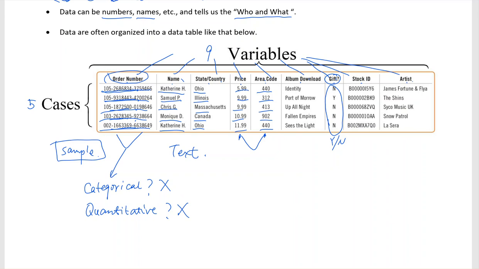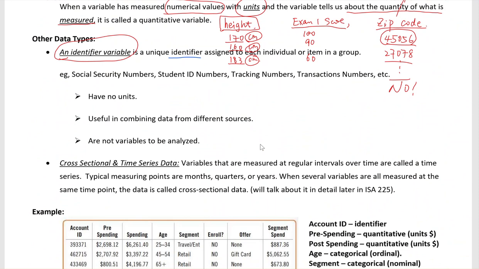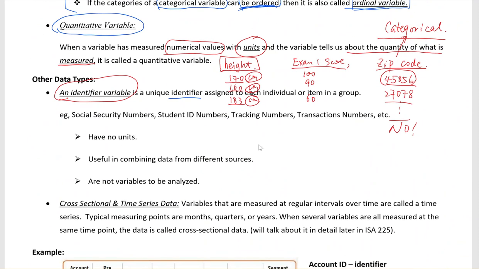It just identifies that this order is different from that order. Every order has its unique number to identify it. All right. Okay. So let's come back. An identifier variable is a unique identifier assigned to each individual or item in the group.